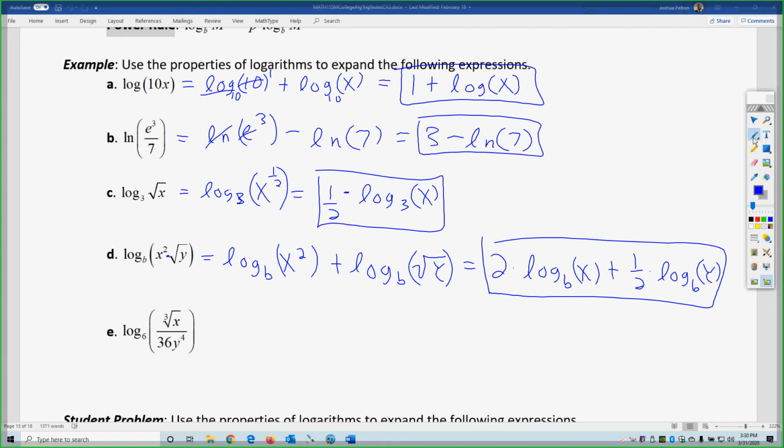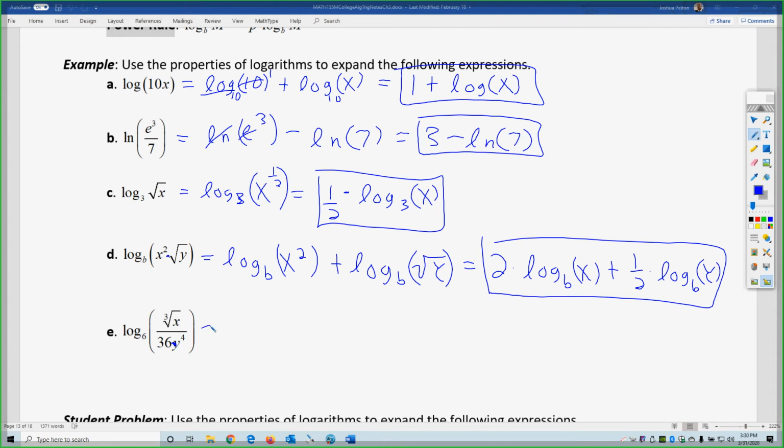Okay, so finally, we have this one on the bottom, which involves multiple parts here. We have a quotient, we have a product, and we have a power. You need to do the quotient first, and then powers, product and powers. Okay.